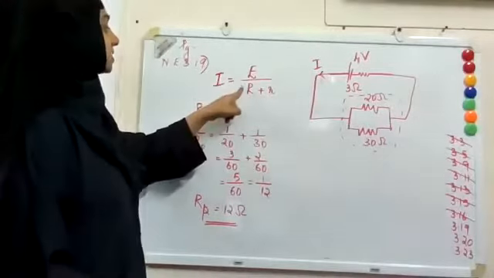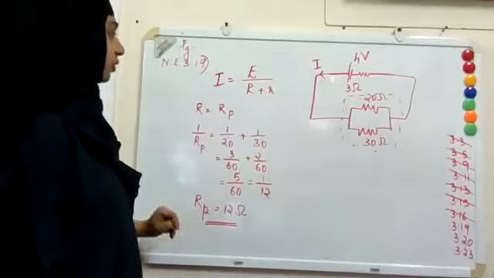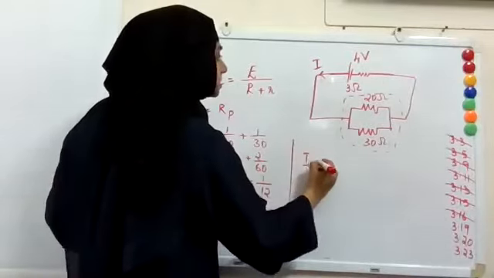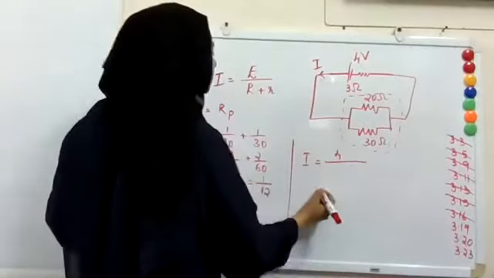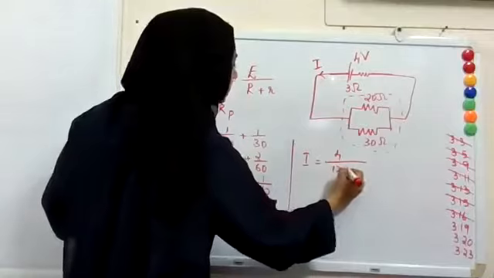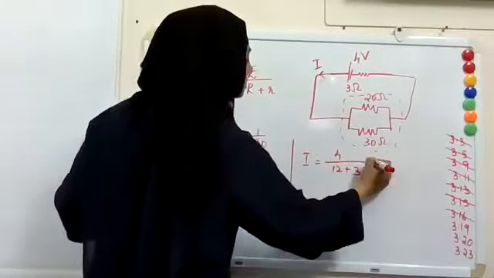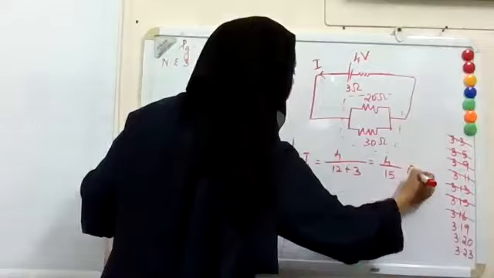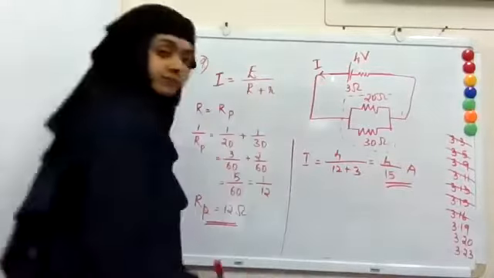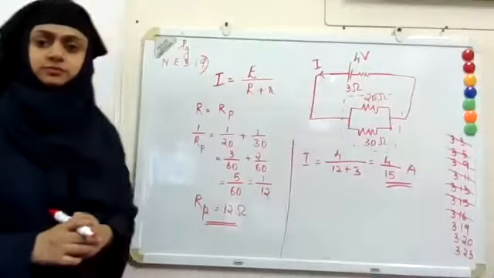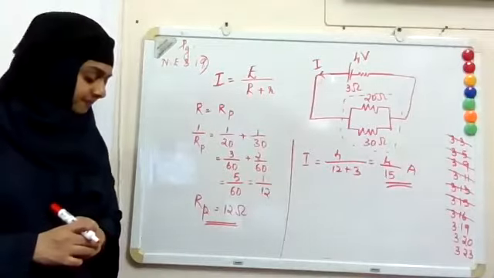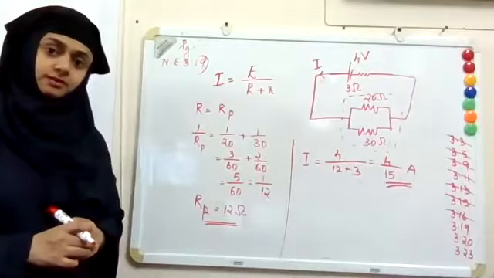So you have to substitute instead of R 12 ohms. And the rest of the quantities are directly given. So I is equal to 4 divided by 12 plus 3. So 4 by 15 ampere. Solve this. Is this clear to you? Say yes or no. Yes, teacher.